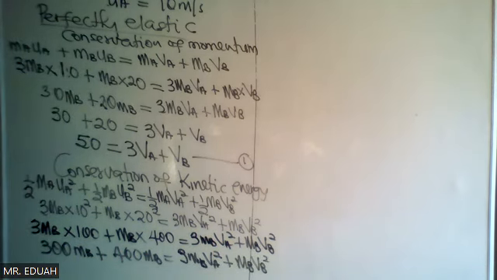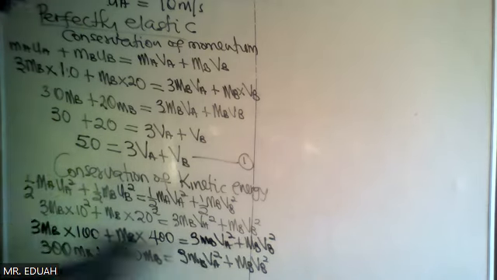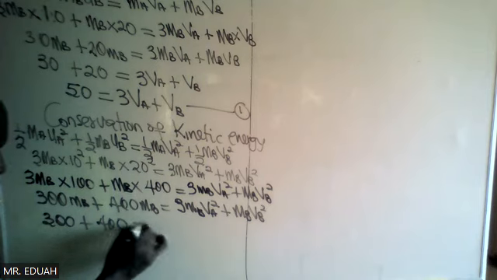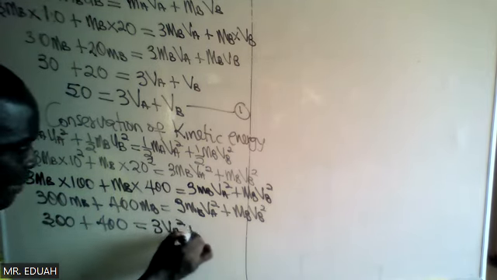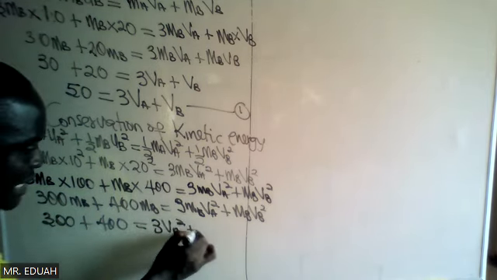We can divide through by MB. MB is here, MB is here, MB is here, so we can eliminate the MBs. Okay, so we have 300 plus 400 is equal to 3 VA squared plus VB squared.